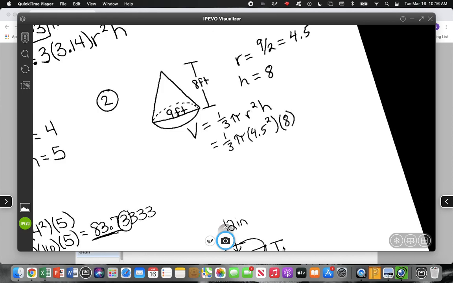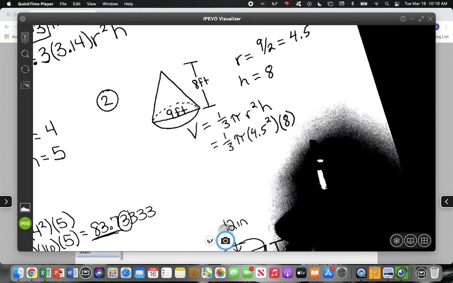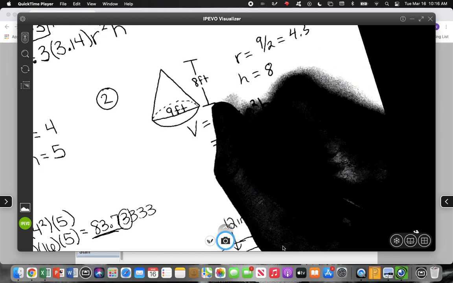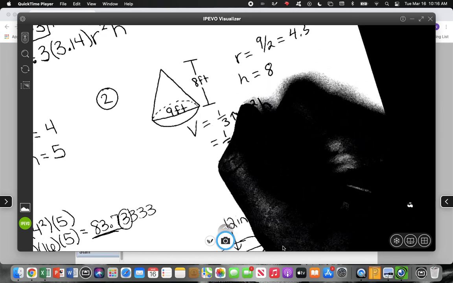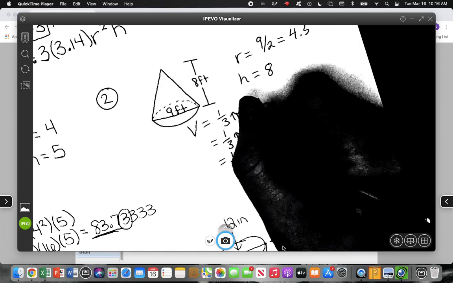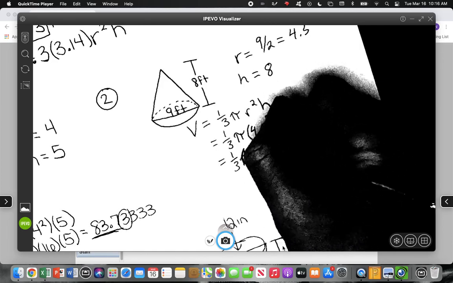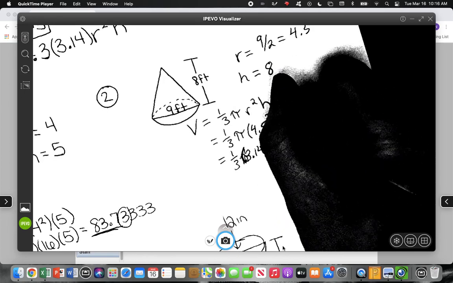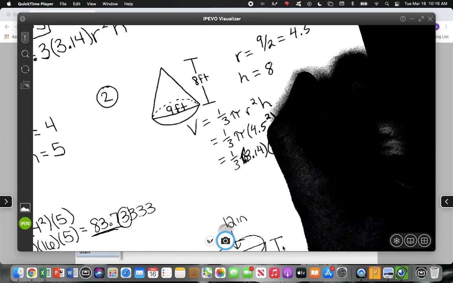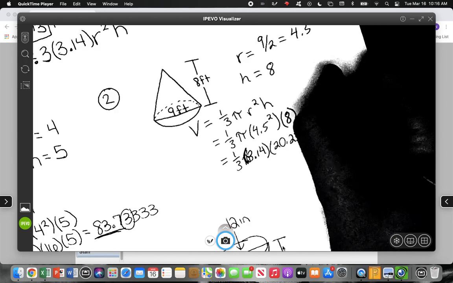Put it in your calculator. 4.5 times 4.5. Oh, and we're going to use 3.14 for pi. Okay, and then yes, 4.5 squared is 20.25.